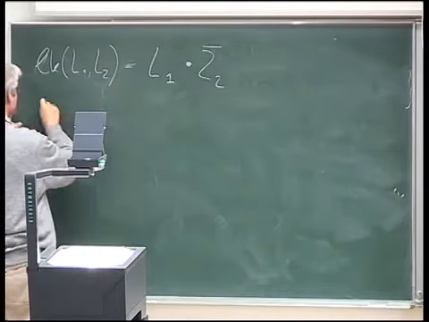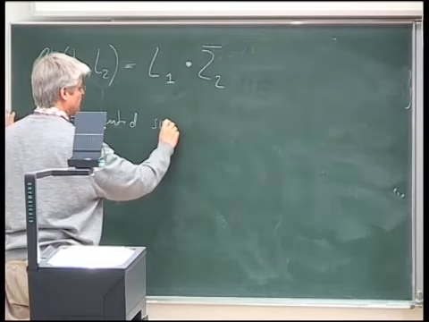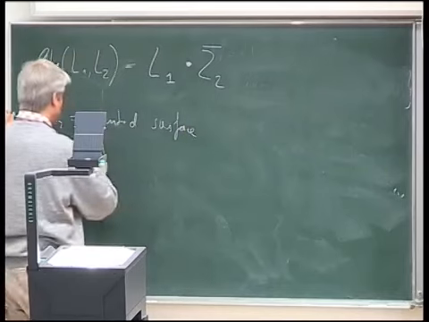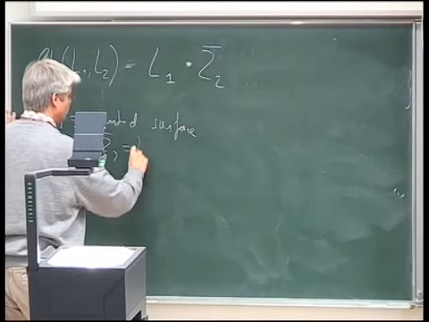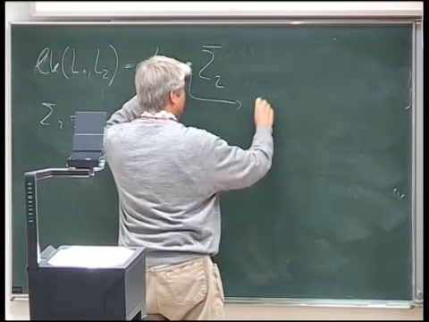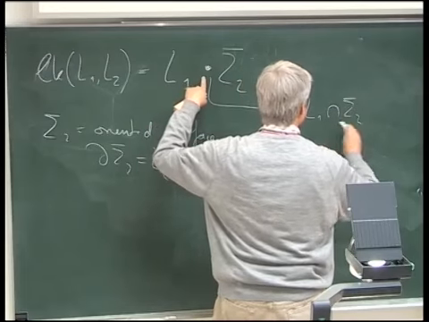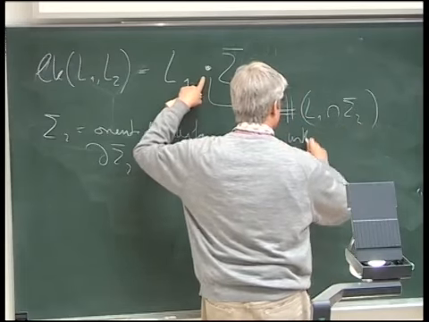So sigma 2 is an oriented surface with boundary of sigma 2 equal to L2. And this dot is the algebraic intersection number. So the number of points in L1 intersected with sigma 2, but with signs.